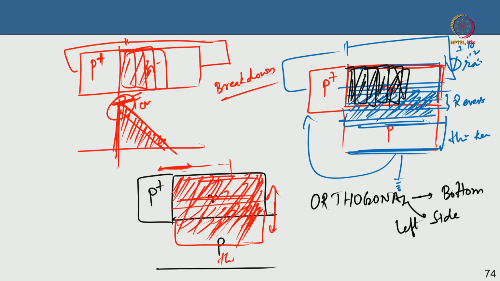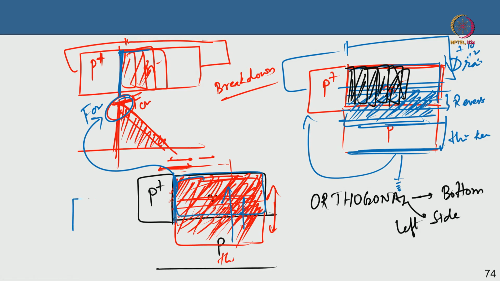It is entirely depleted even before the lateral depletion has reached the critical electric field, because the field here will reach the critical electric field, not the lateral one here. Before this has reached that, the vertical junction depletion has depleted the entire n type region.